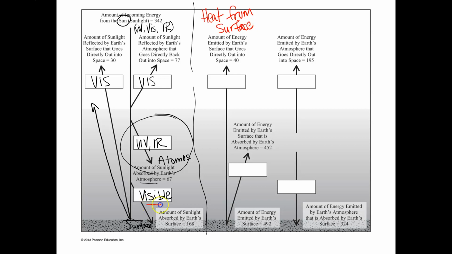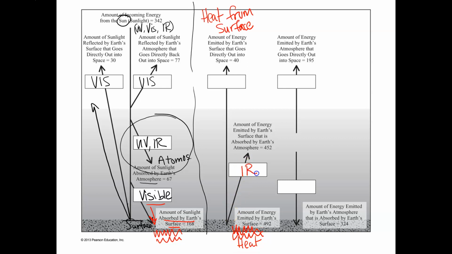Because we had this visible light come in, it's getting absorbed by the Earth's surface. That's going to cause the surface to heat up, right? We got heat here. So now we have this hot surface. What's going to happen to that light? If you have heat here on the surface, it's going to emit heat.